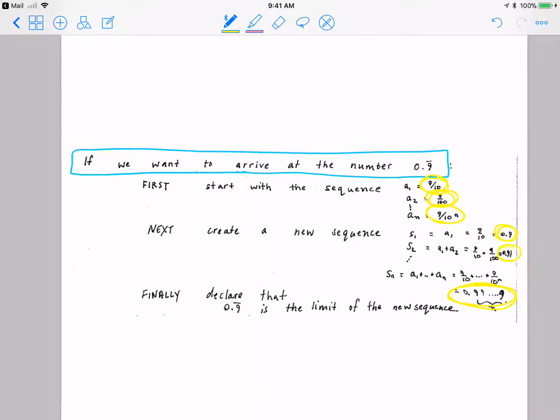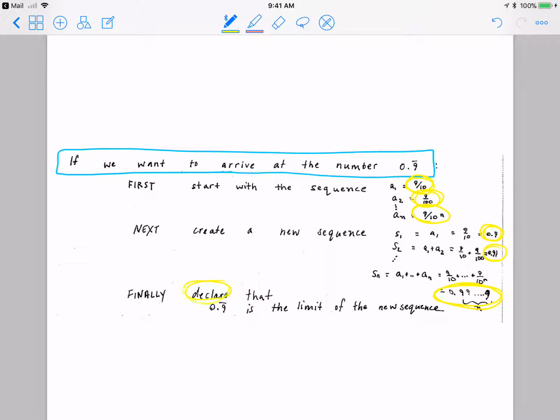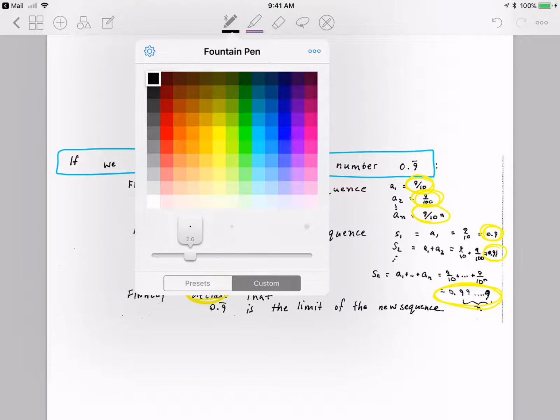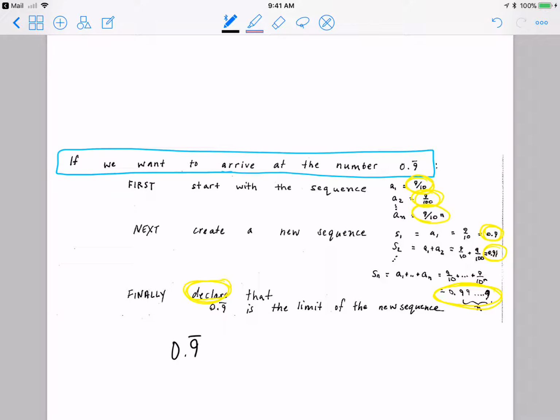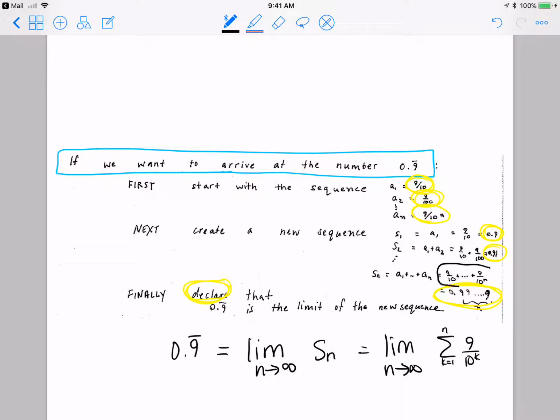And then finally, we can define 0.9 repeating as the limit as n goes to infinity of our new sequence, our Sn, which is the same thing as the limit as n goes to infinity of the sum of 9 over 10 to the k, k equals 1 to n. Because remember, that's what we're doing right here.